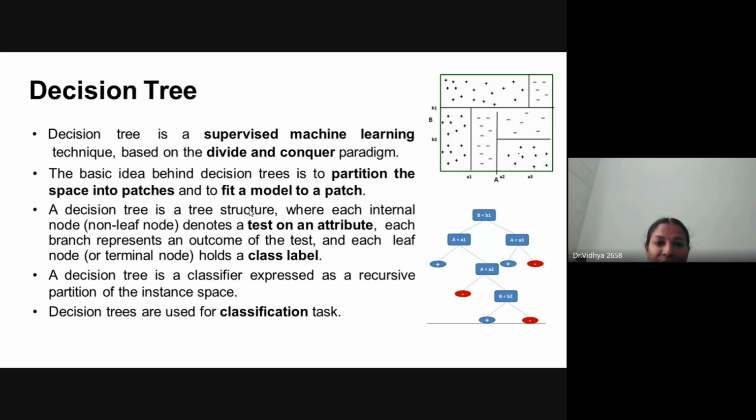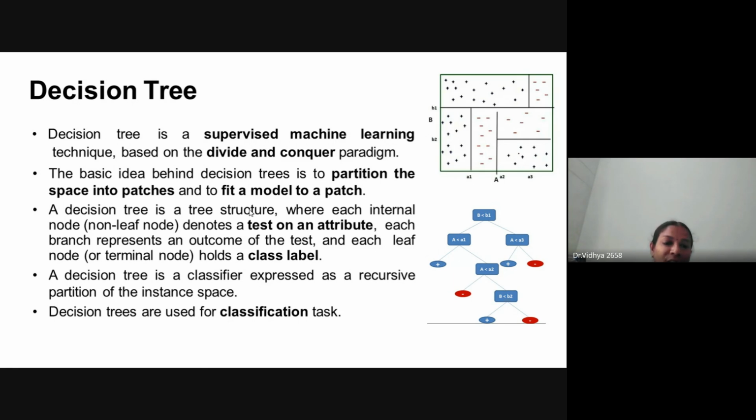Similarly, the idea is that decision trees partition the space into patches and fit a model to each patch. It will basically partition the whole data into a number of small patches. After that, it will fit the model to the respective patch.